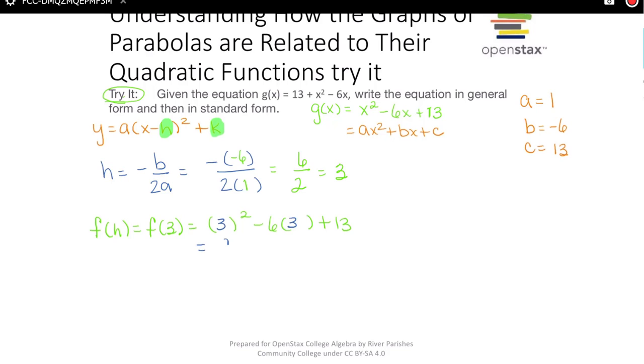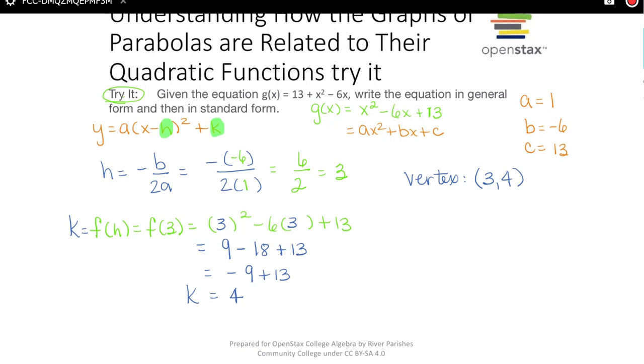That becomes 9 minus 18 plus 13. 9 minus 18 is negative 9, plus 13 is 4. So this was k, we were finding k. So k equals 4. So the vertex is the point h, which is 3, k, which is 4.